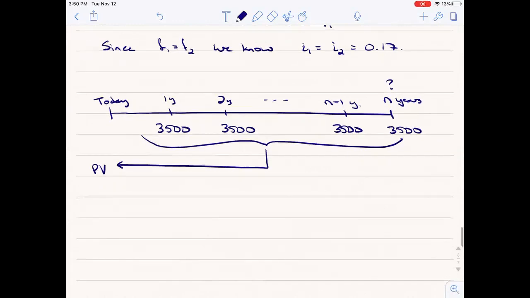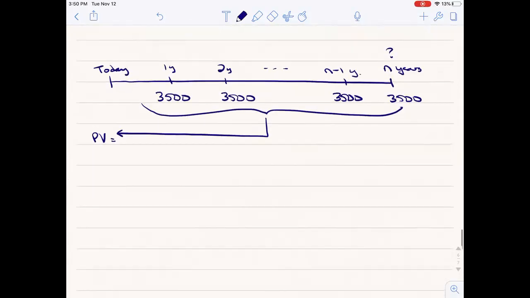So the present value, which was $20,000. I borrowed $20,000 and then I'm paying it back for some amount of time at 17% per year at $3,500 per year. My guess is it's going to take me a while. So on the arrow, I'm going to put N, but remember N is the number of payments now, so time times F2.